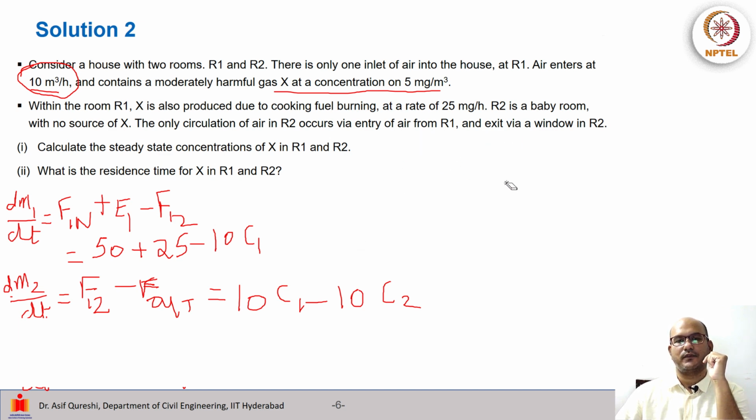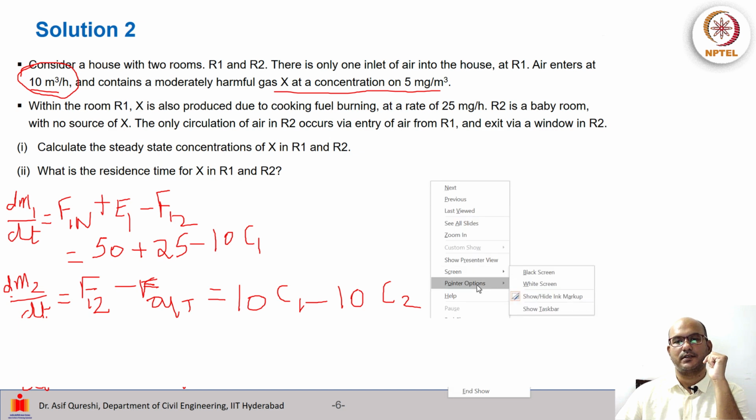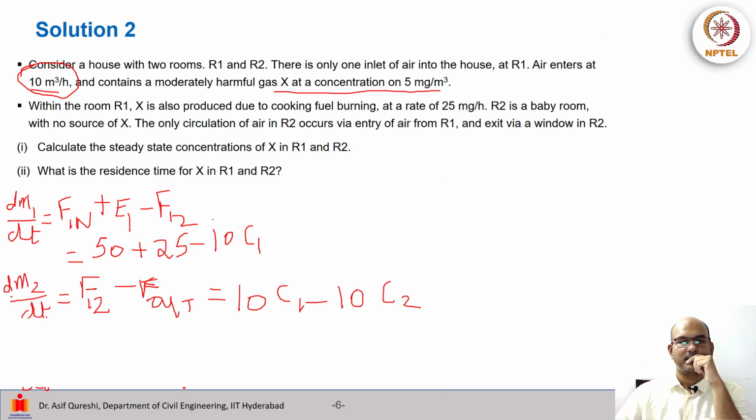Now at steady state, we have been given the steady state condition. So at steady state, dm1 by dt and dm2 by dt are 0. So 10 C1 minus 10 C2 equal to 0 will imply C1 is equal to C2 at steady state.